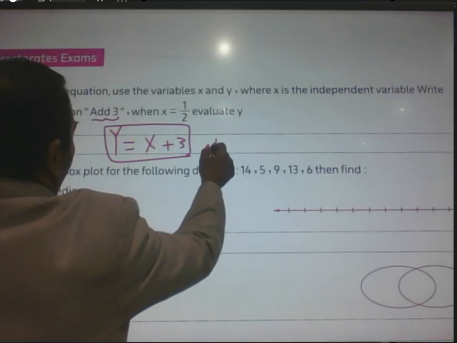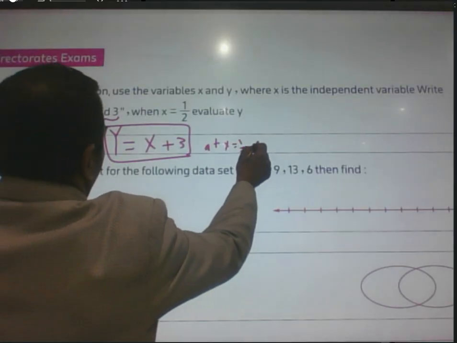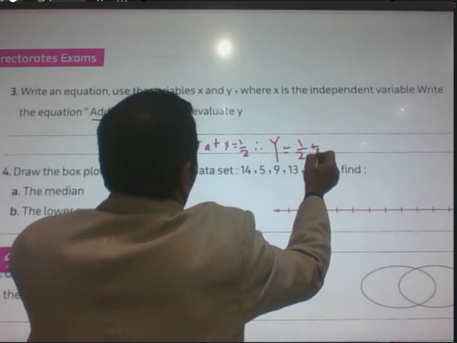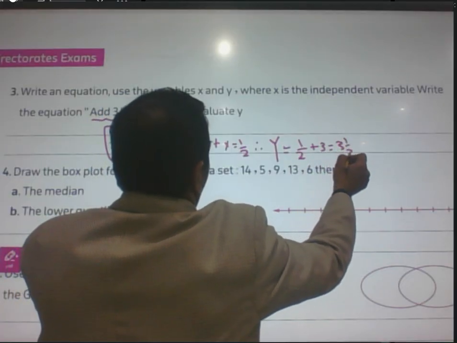At x equals half, the value of y equals x plus 3, half plus 3. It will be 3 and a half.